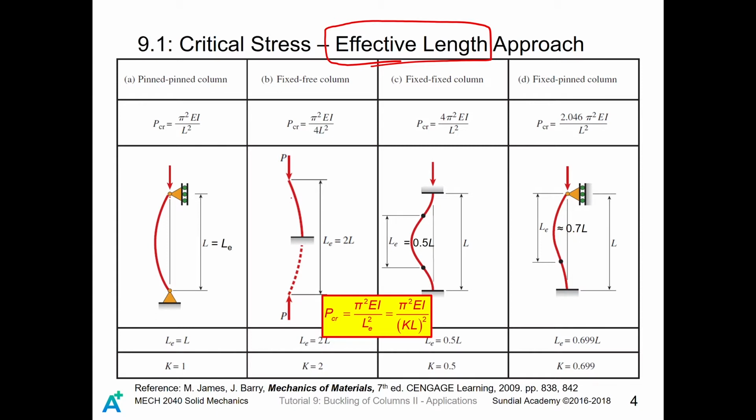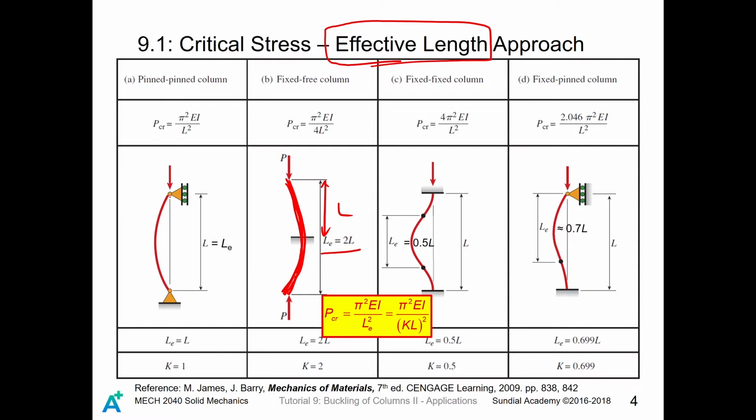Above the fixed end, there is only one half section of the bowl shape. If you extend it a little, you can see the bowl shape of this curve has a length twice that of the original shape. So the effective length of the fixed free column is 2L.